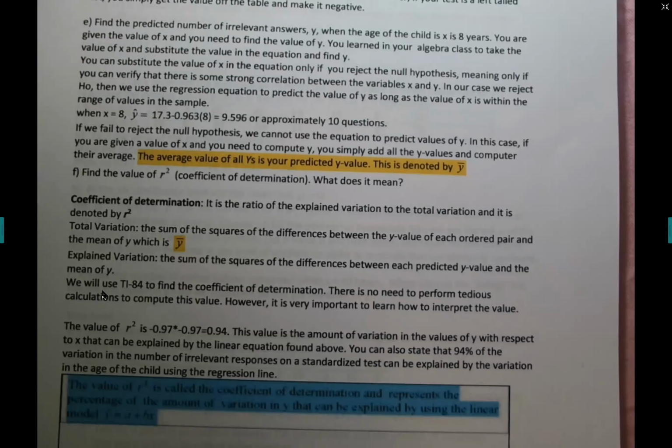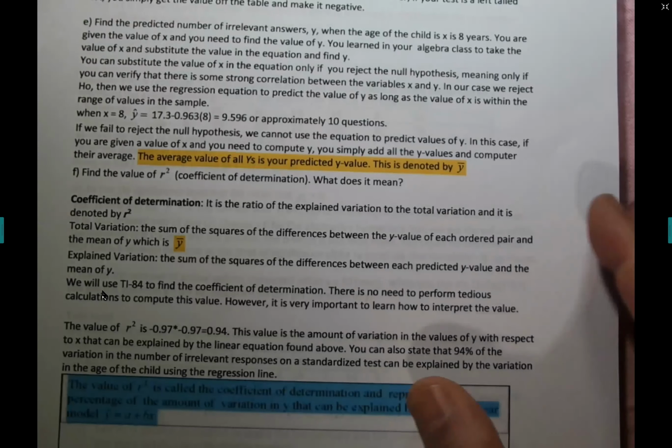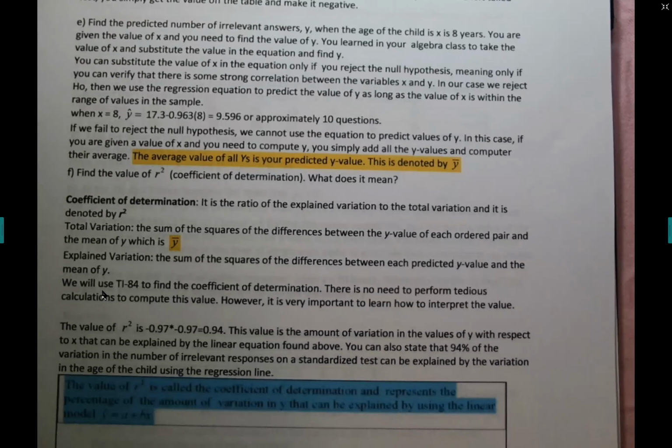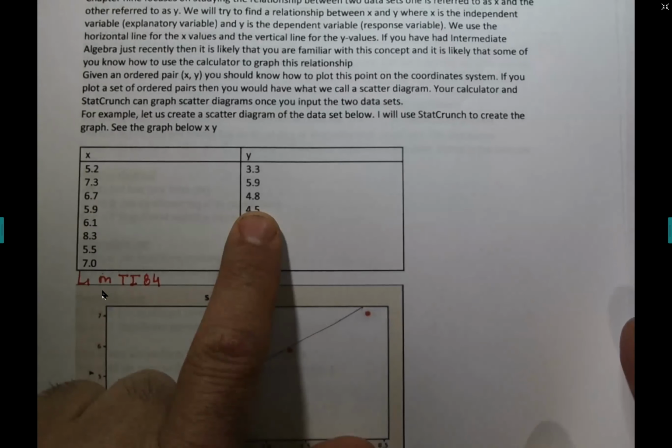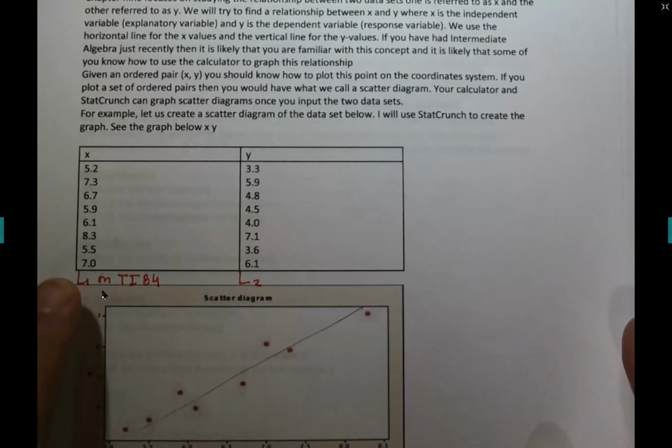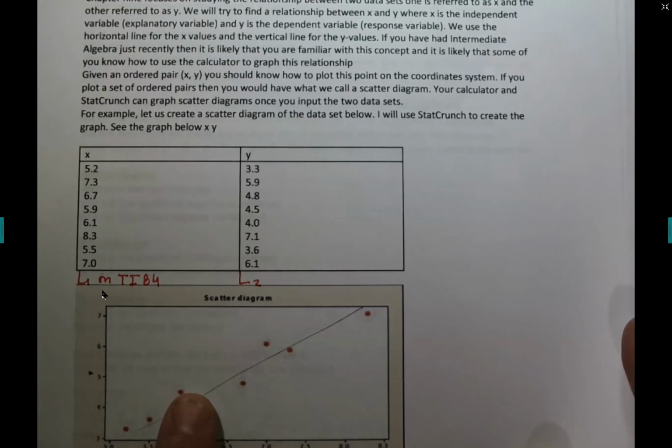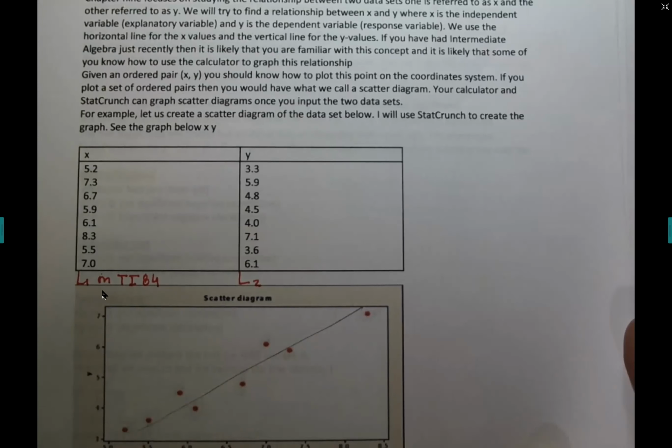Any questions? So what we learned so far, guys, is how to put the x and y values in L1 and L2, how to graph a scatter plot of the data set, how to find the value of r and comment on r, whether you have a strong positive or strong negative linear correlation based on whether it's very close to 1 or -1.